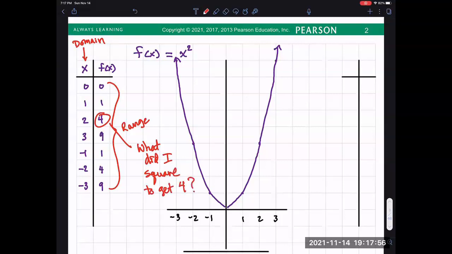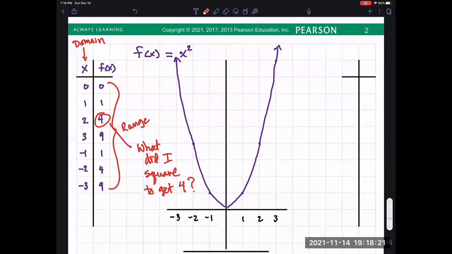So what an inverse function is trying to do is take the answers of the original function and tell you what the original inputs were that got that answer. So in the case of the squared function, if you have the answer 4 was the result of squaring something, the inverse function wants to tell you, well, what was it that you squared to get that?